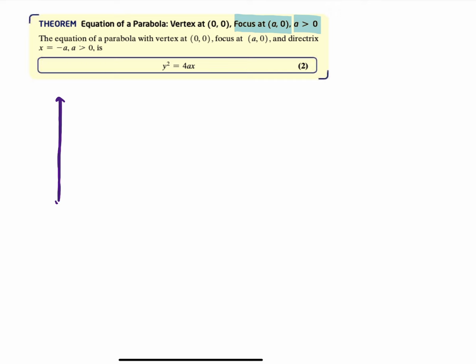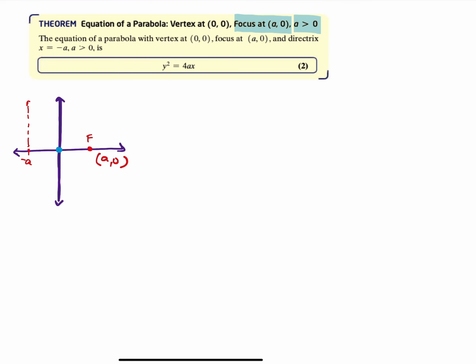So that'll be our y and our x-axis. So it's saying we have a vertex at the origin. The focus point will be at some point a comma 0. Let's just say that will be here. Call this point a comma 0. That'll be our focus. So that means the directrix line will be over here at negative a.